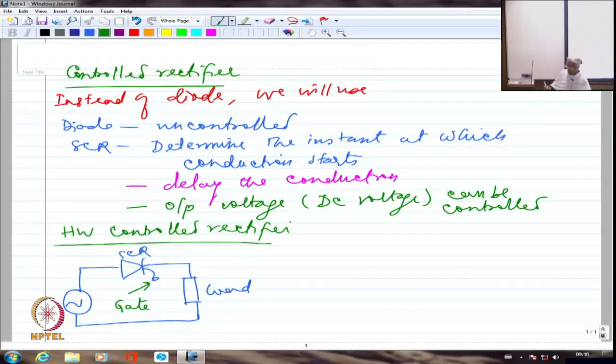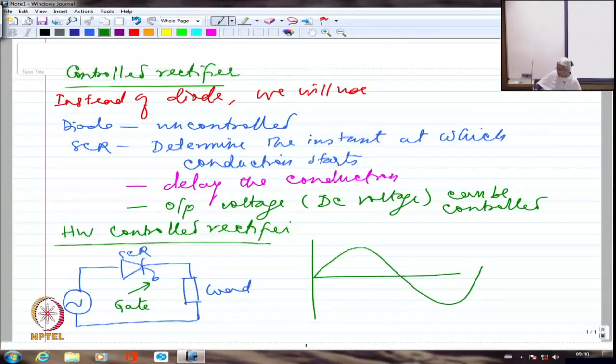If we are looking at a pure resistance load, and this is my sinusoid, when it was a diode, we were talking about the entire positive half conducting from here to here. Whereas if I am going to have a thyristor, I am going to turn on this SCR.